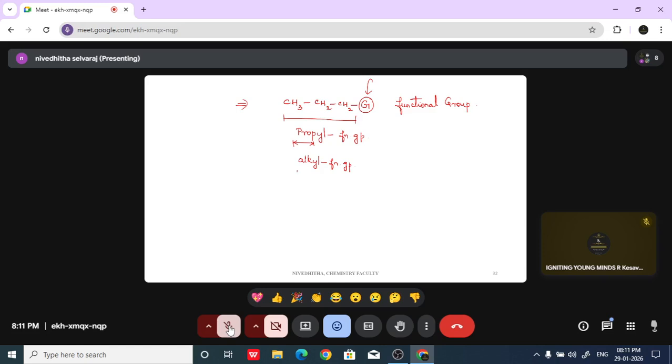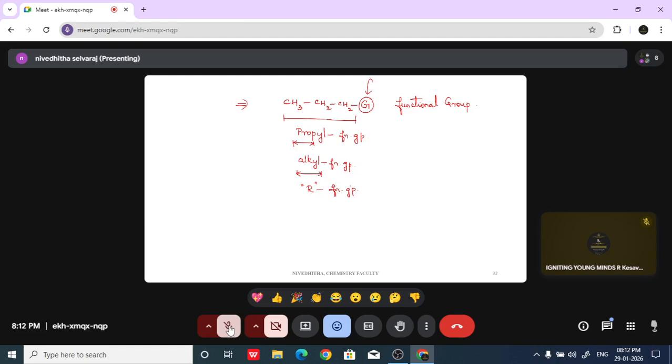Generally this alkyl group can be represented with the capital letter R. So capital R is attached to a functional group. Whenever you're writing any functional group, definitely you would have attached one R, right? The R group is nothing but an alkyl group, which is basically a hydrocarbon from which you have removed one hydrogen. Okay, fine. So this is my alkyl group, attached to a functional group.